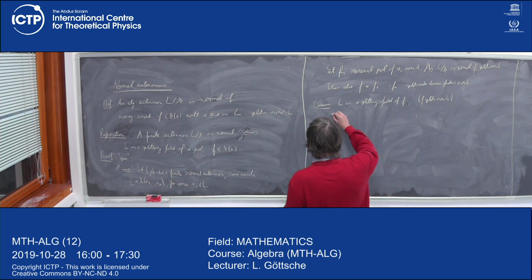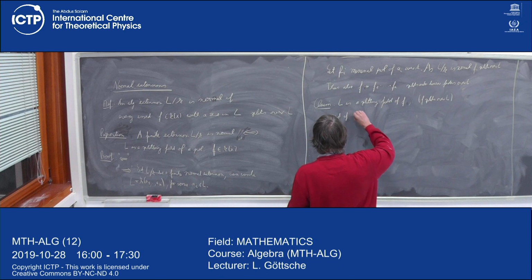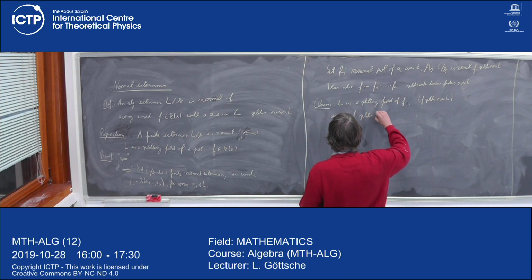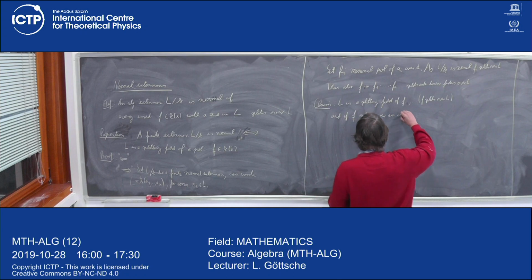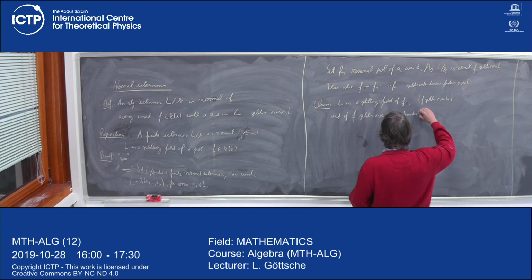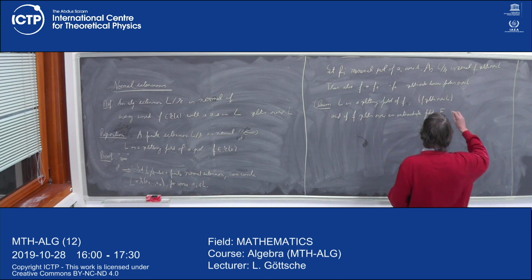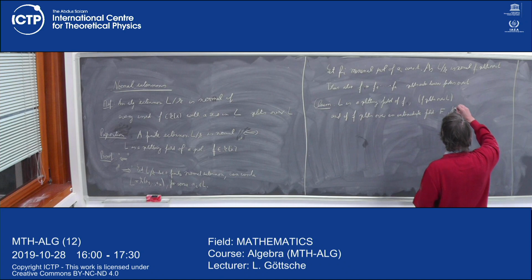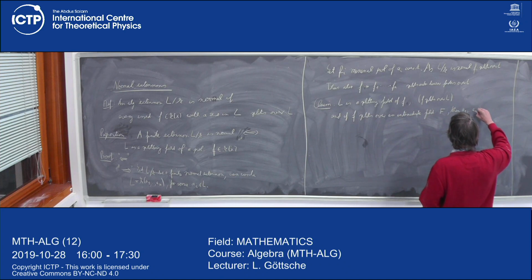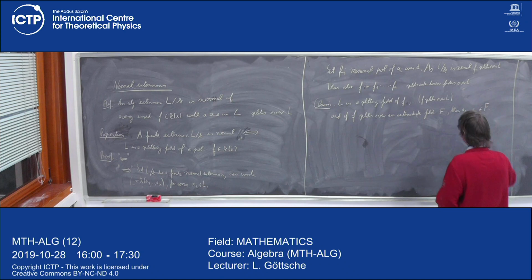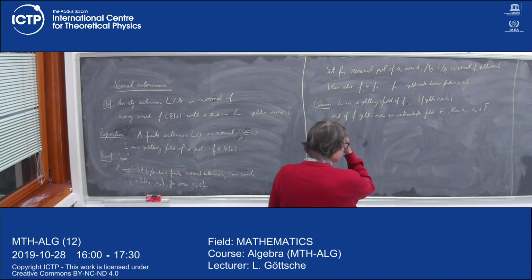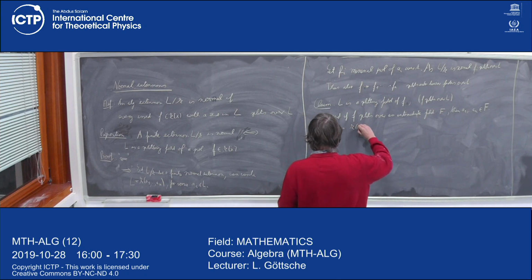So if f splits over an intermediate field, then a1 to an are elements of that field. So thus the field contains K(a1, ..., an), which is equal to L.